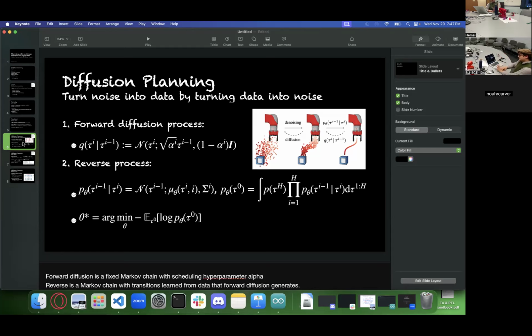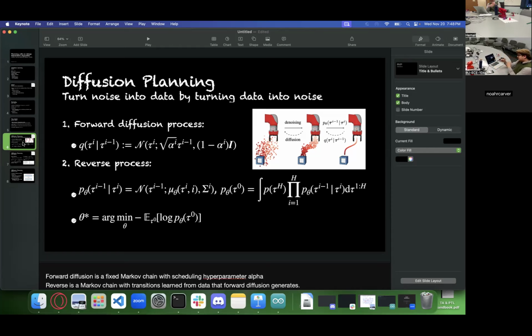The thing we're going to do with it is we're going to iteratively add a bit of noise as determined by this scheduling variable alpha in the equation, which I'll go over, and what all that means, in a bit.